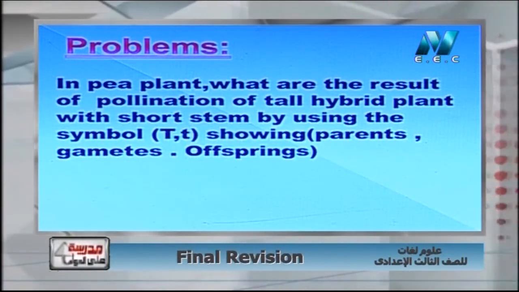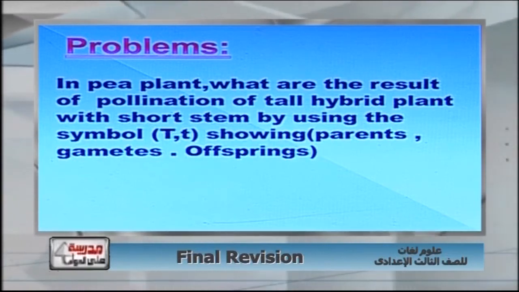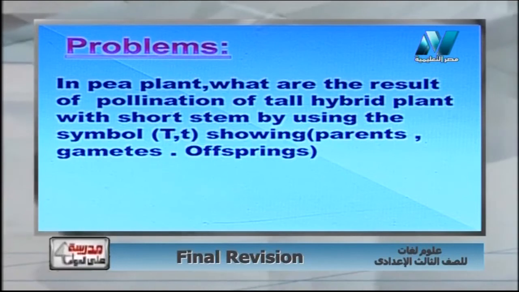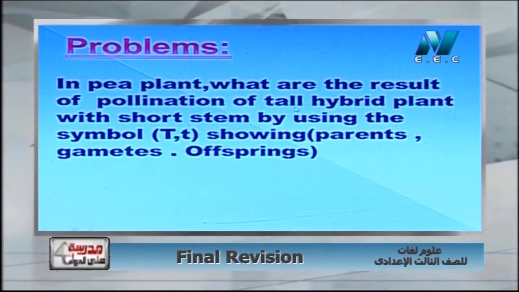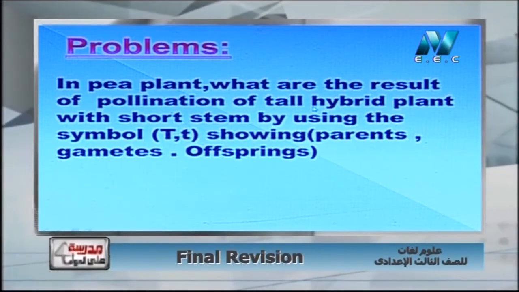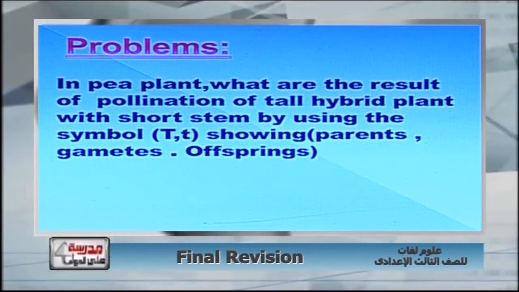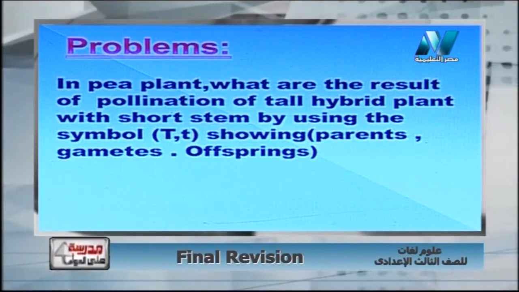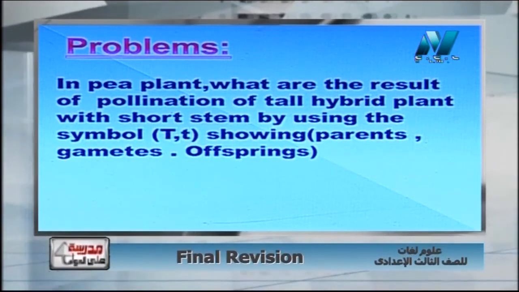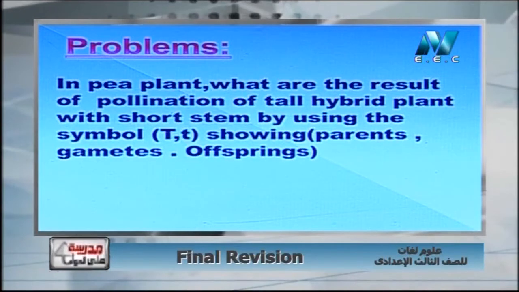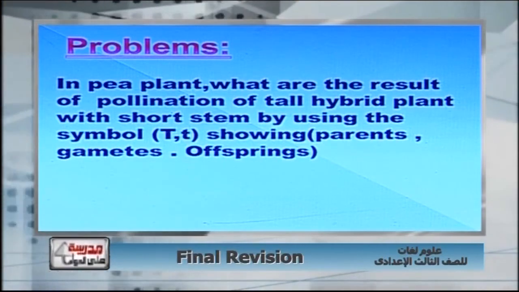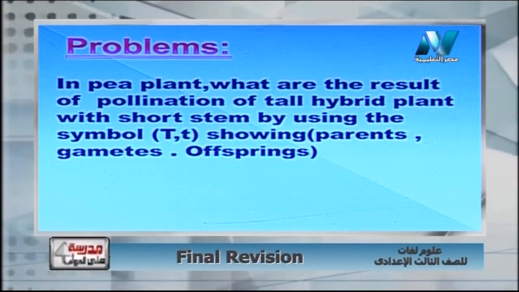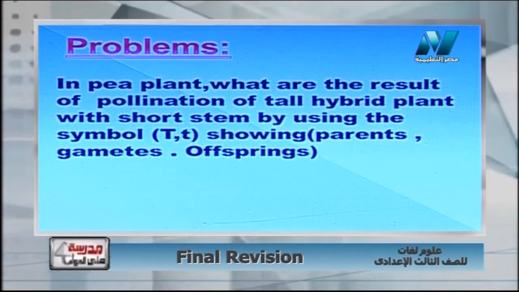Tall hybrid, so I'm going to have the gene capital T small t because they are hybrid. What about the short? We studied that the short stem in the bean plant is recessive. And as we said, all the recessive must be pure form, so it must be small t and small t. He needs the parent, the gamete and the offspring.